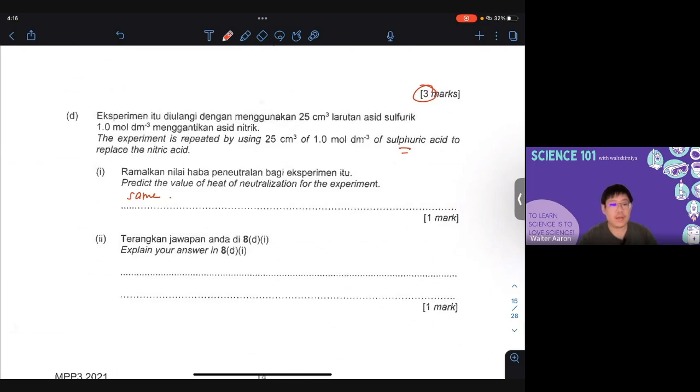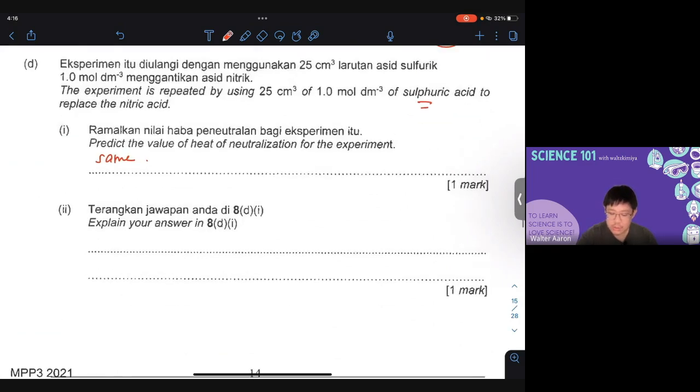Okay, so how are you going to explain that in terms of the question itself? You can just say same, because the amount of sodium hydroxide, the concentration of hydroxide ions, is the same. It's the limiting factor, so your hydrogen ions will be in excess.